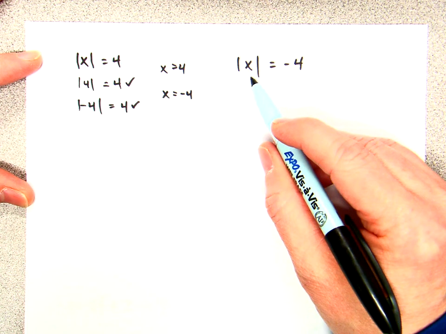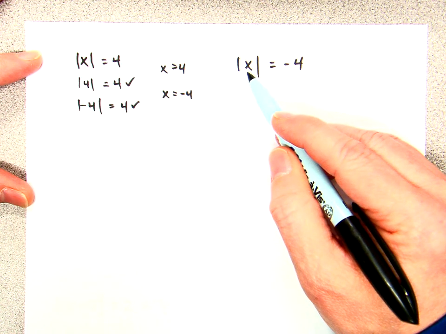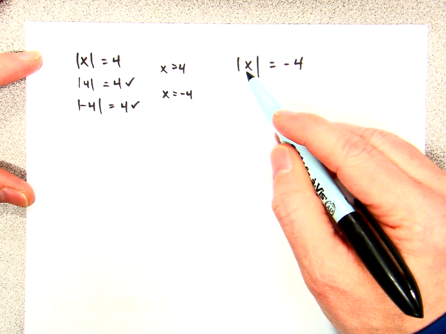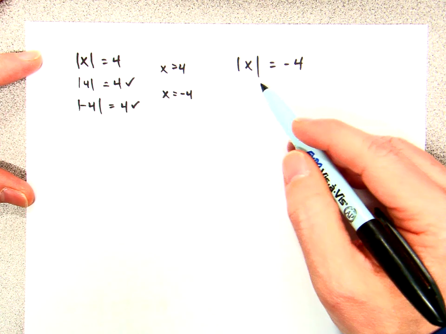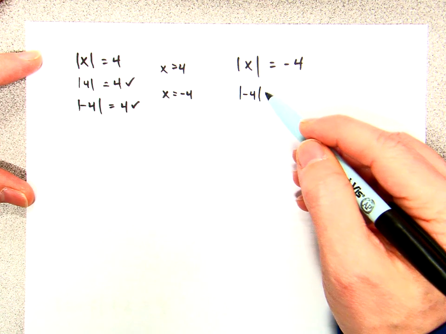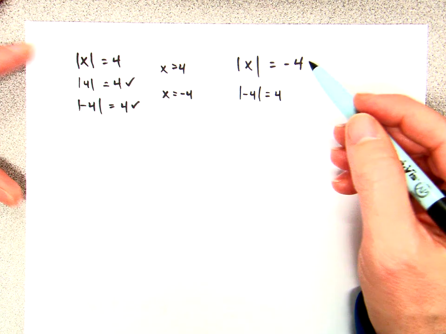Now in this case, remember we can pick whatever we want, but this is going to make the number that I choose become positive. So even if I put in a negative 4, that's going to spit out a positive 4, which is not going to give me a negative number.